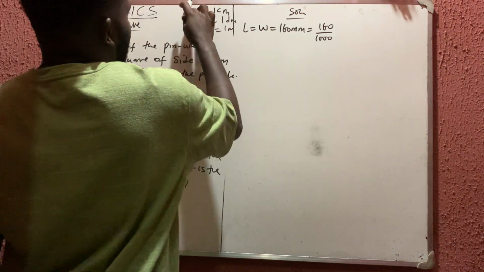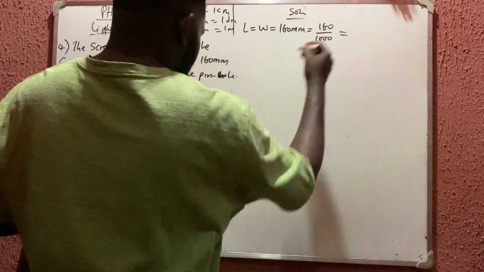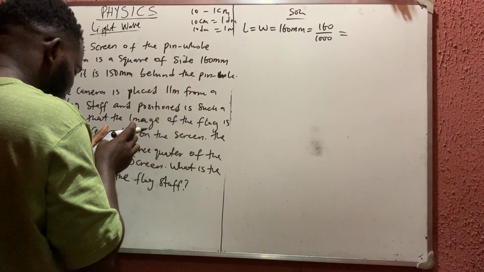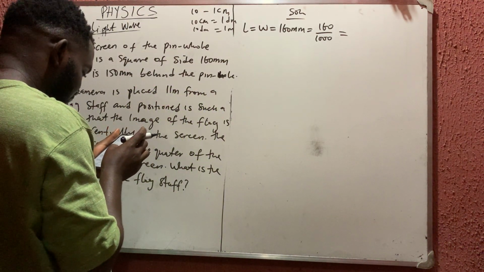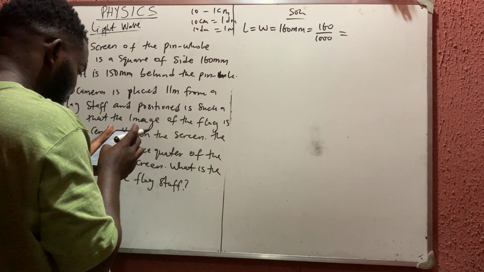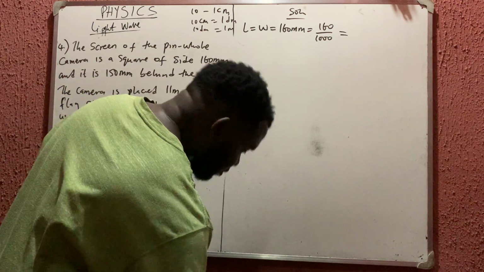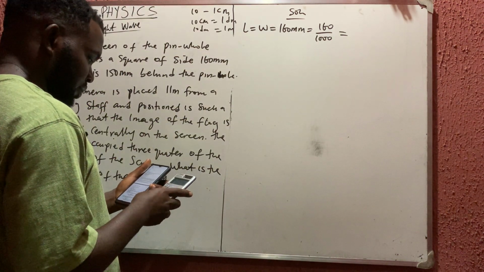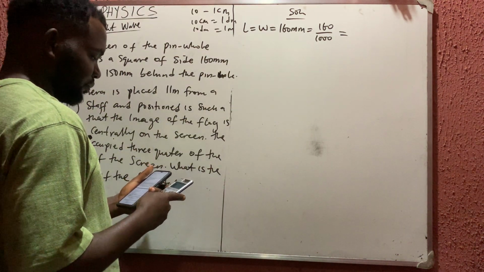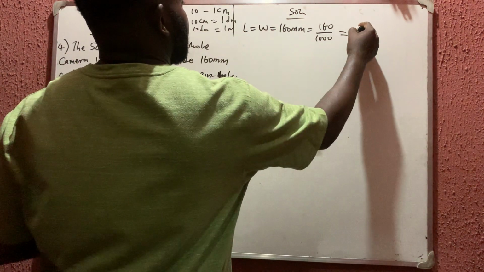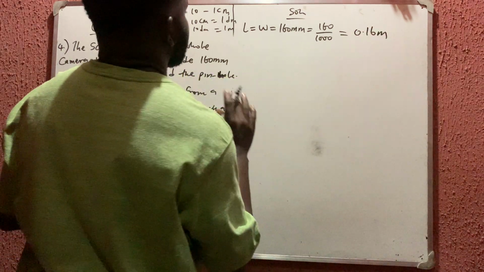So divide by 1000. 160 divided by 1000 gives 0.16, so 0.16 meters.